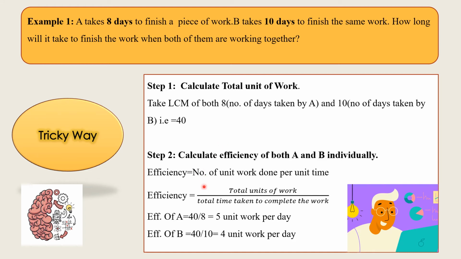Putting the values in this formula, from the first step we have calculated total units of work, that is 40. Then we will divide that by the total time taken by A, that is 8. That comes to 5 units per day. Similarly, we will calculate the efficiency of B, which comes to 4 units of work per day.